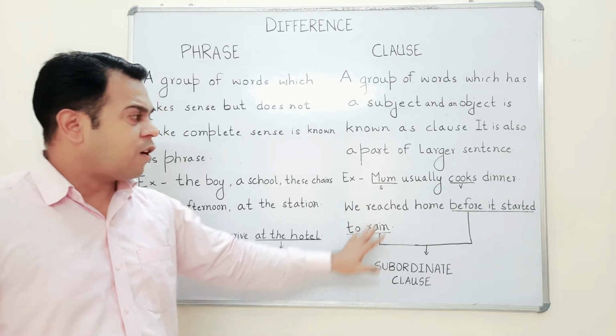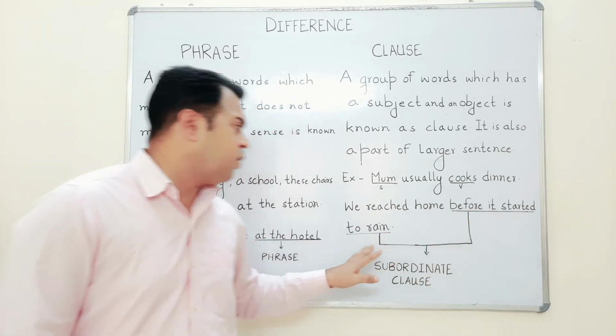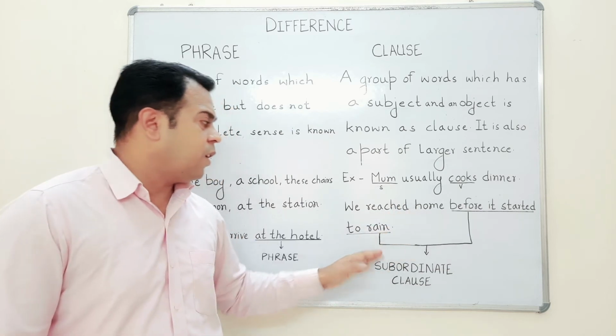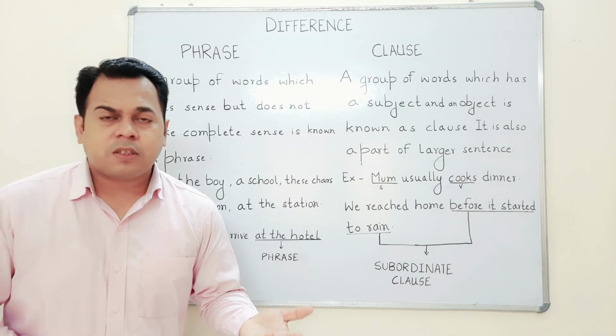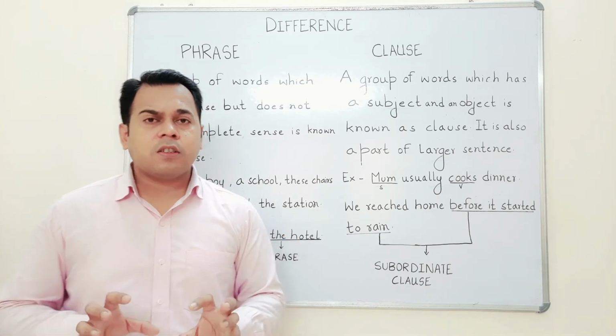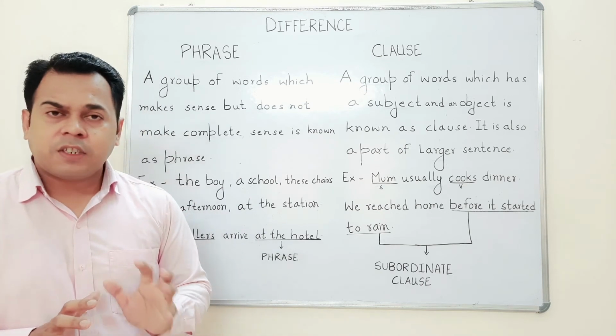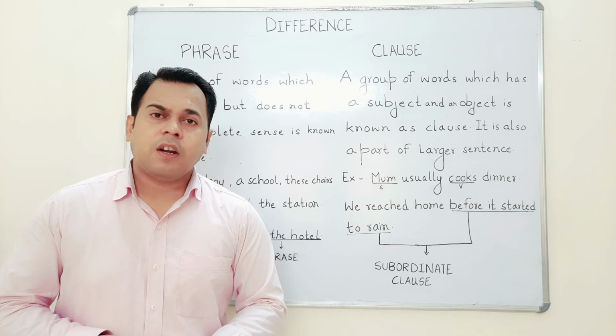So this is how we can use a clause. It started to rain is itself a complete sentence; it has its own subject and object. So what is a clause? A clause is a group of words which has its own subject and object, and it is a part of a larger sentence.